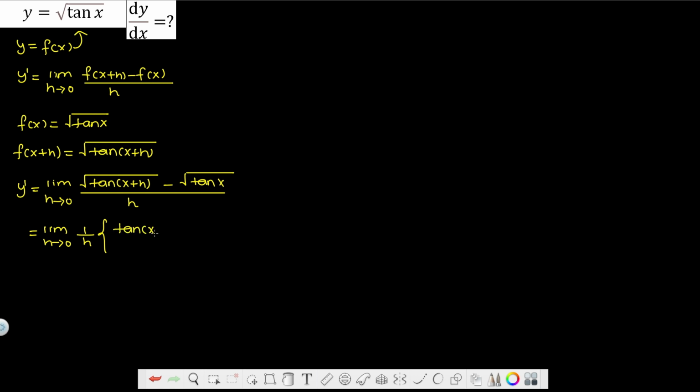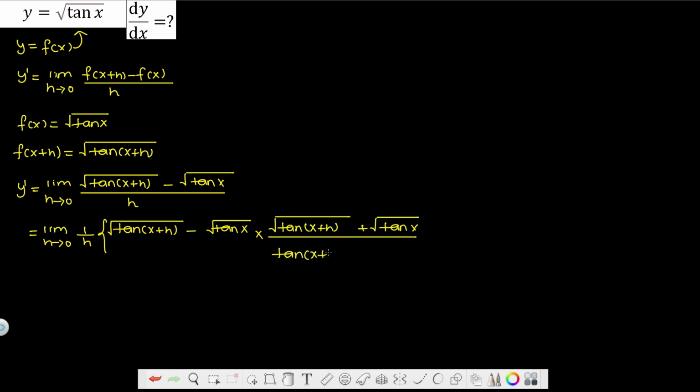So we can write square root of tan x plus h minus the square root of tan x multiplied with its conjugate, square root of tan x plus h plus the square root of tan x, over the square root of tan x plus h plus the square root of tan x, equals limit h tends to 0 1 over h.